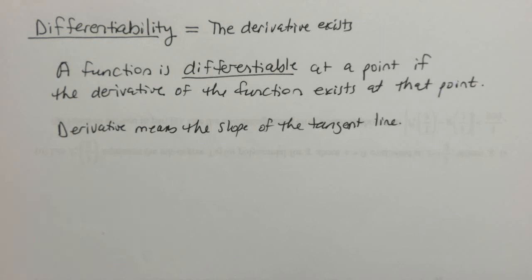Think back to Algebra 1. When you were considering slopes, there were some slopes that did not exist. They were undefined. What would make a slope undefined? Well, a slope would be undefined if the line was vertical.